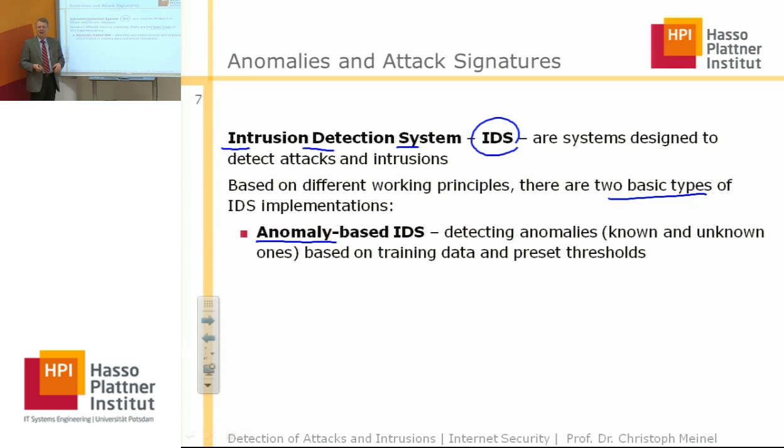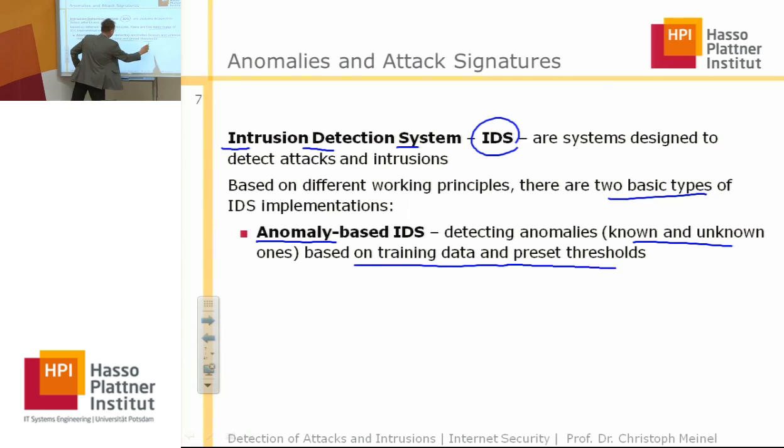Perhaps it's an attack, and it's not necessary to know what kind of attack it is. In this way, with anomaly detection systems, I can observe known as well as unknown attacks. What I need is knowledge about the usual behavior, the parameters that characterize the usual behavior of a system. So these anomaly-based intrusion detections are based on training data and preset thresholds.